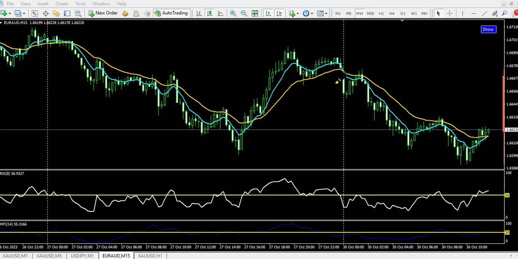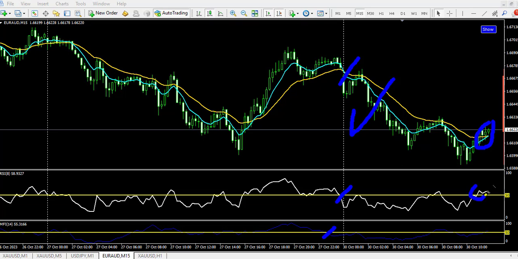Here we have the two moving averages crossing at this particular point for a sell, and this crosses below 50, and at this point this crosses also. So this is a valid signal for us to take. And when you look at this particular point too, this is about to cross, but let this candle close before you take this trade.